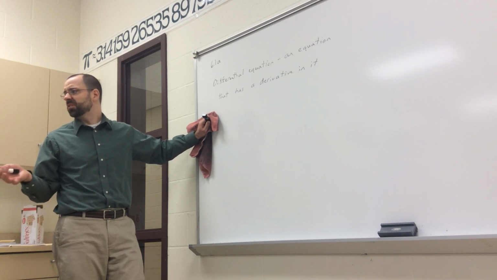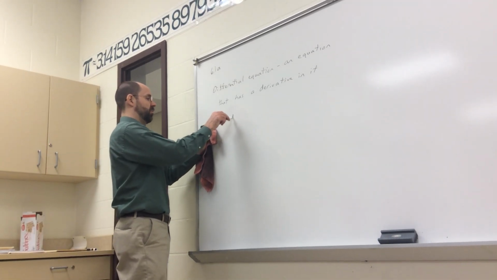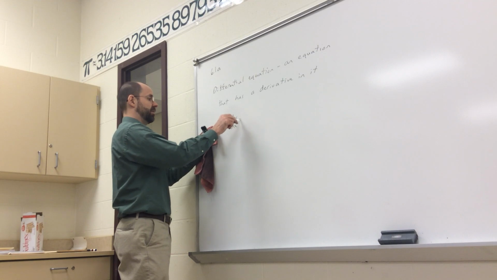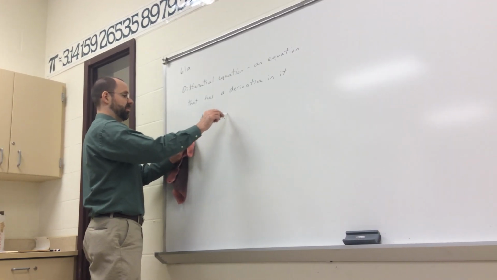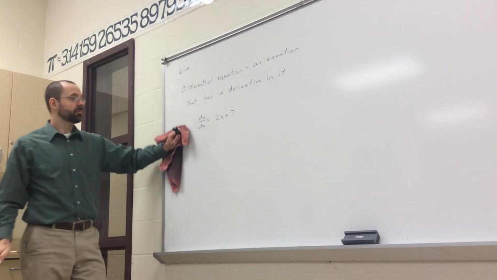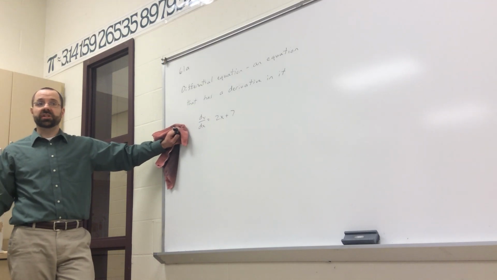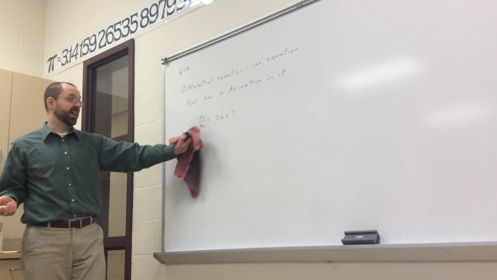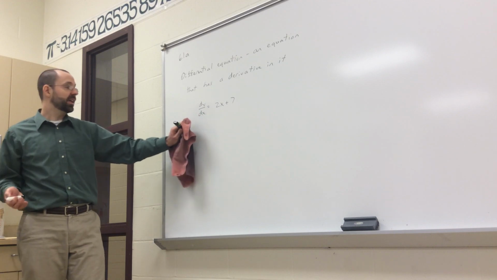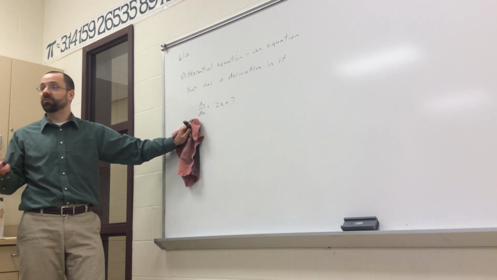So I'll give you a pretty simple example. dy dx equals 2x plus 7. That's called a differential equation because it's got an equal sign in it, so it's an equation. And it's got a derivative in it, so it's a differential equation.